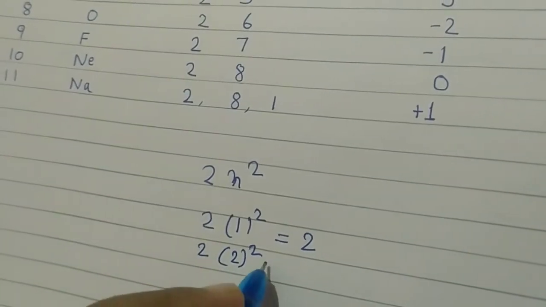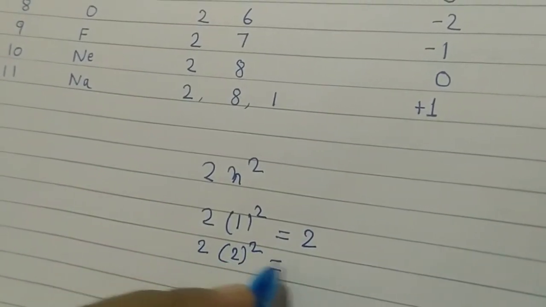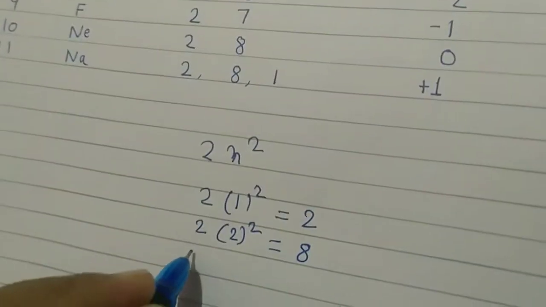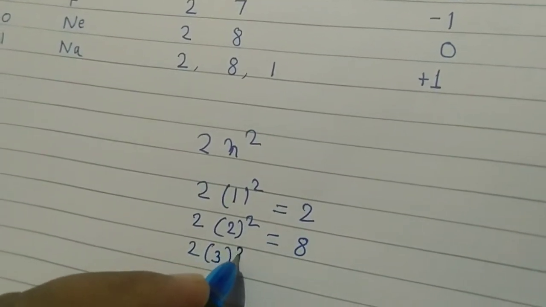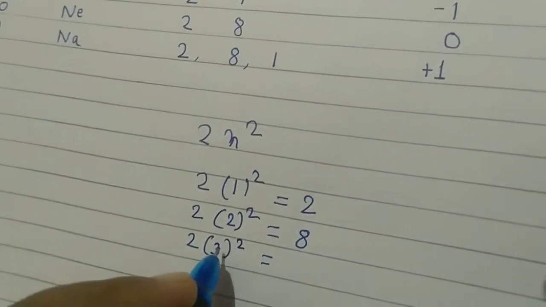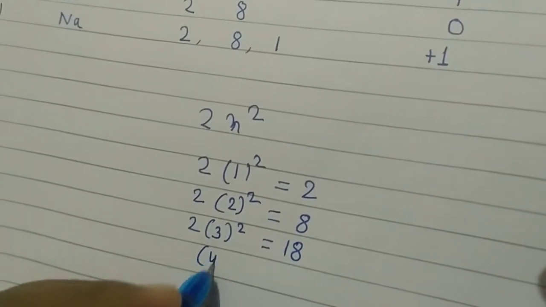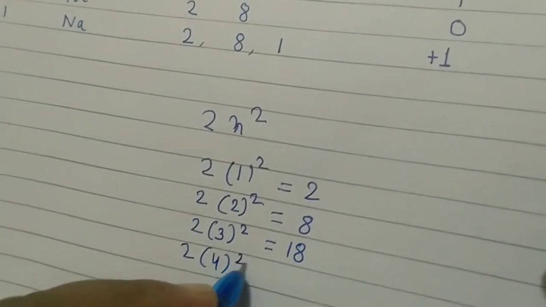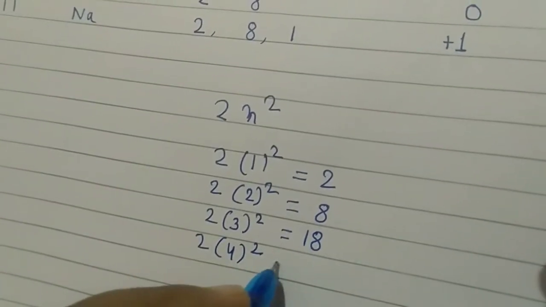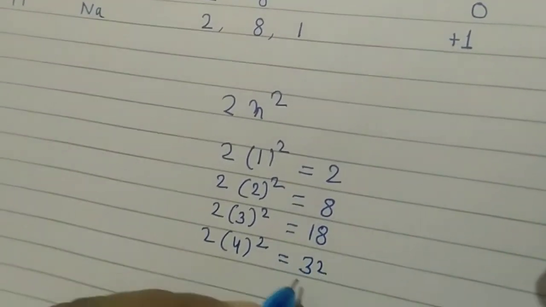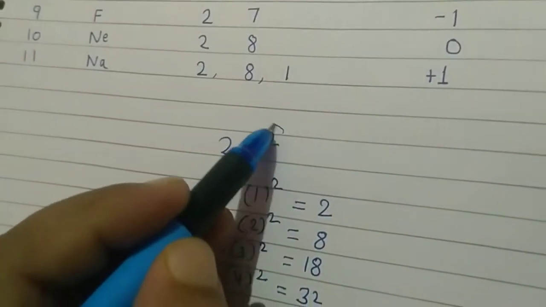Second shell: 2 square is 4, 4 into 2 is 8. Third shell: 3 square is 9, 9 into 2 is 18. Fourth shell: 4 square is 16, 16 into 2 is 32. So the formula is 2n square.